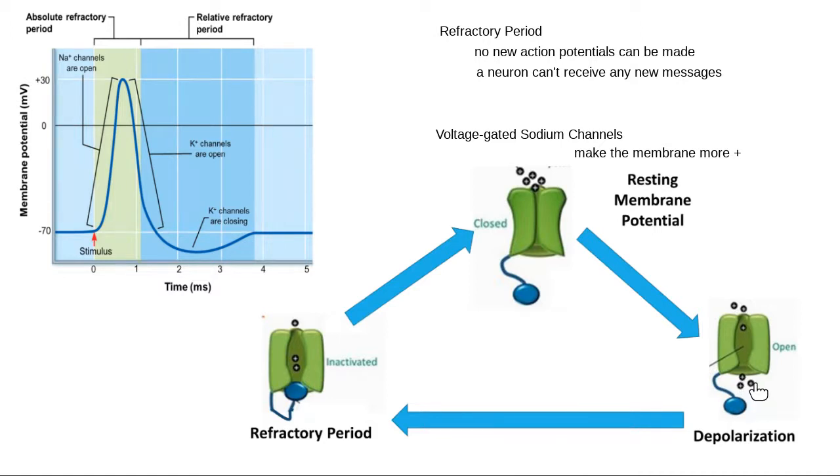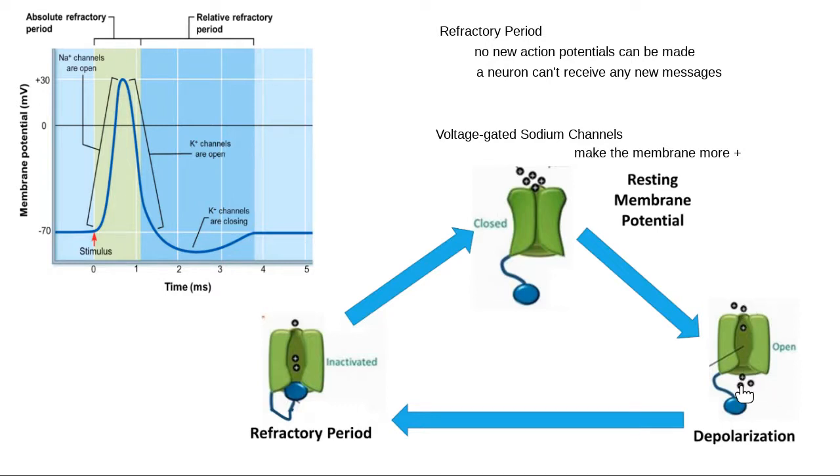All through the process of depolarization, as my membrane charge is shooting higher, I have my voltage-gated sodium channels open, allowing sodium to get inside. When I get all the way up to positive 30, we are way too positive. I want no more sodium rushing in.